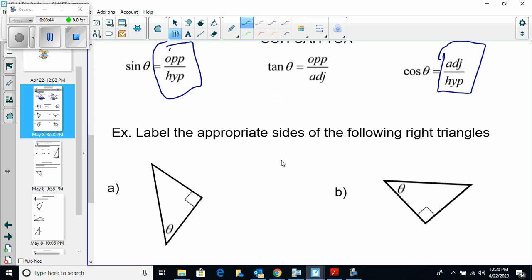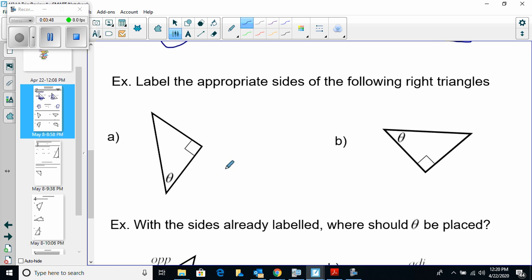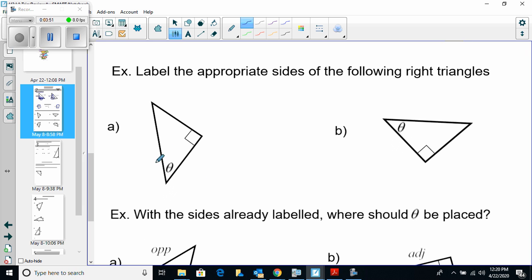Now let's see those examples that we have here, another slide in which we are labeling the sides of the right angle triangle. Just for simplicity, I will label the triangle A, B, and C, and we will see that we are dealing with a right angle triangle, and angle B is labeled as angle theta.